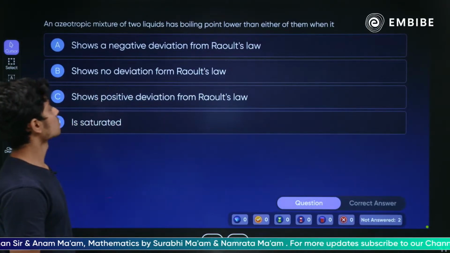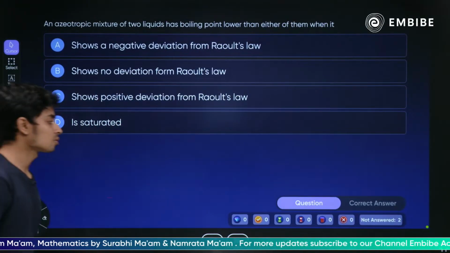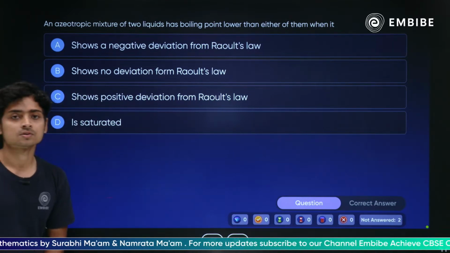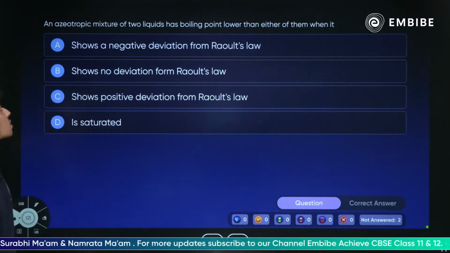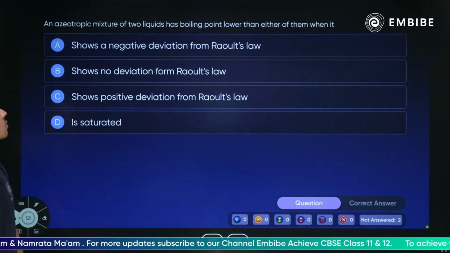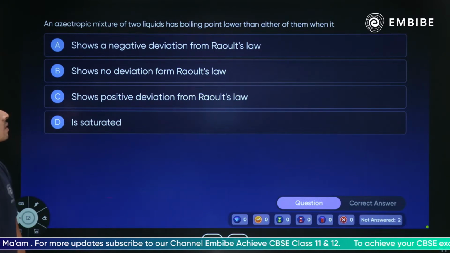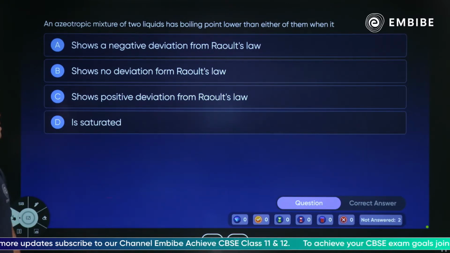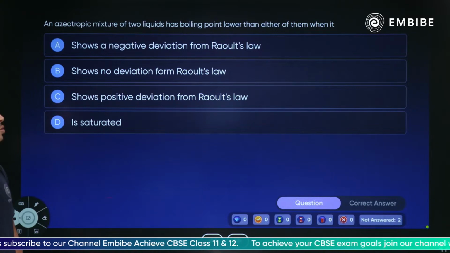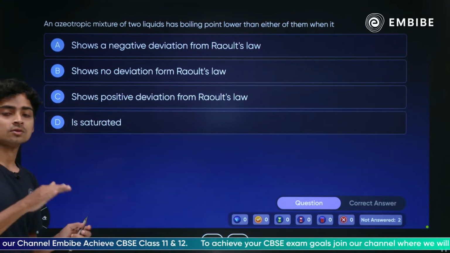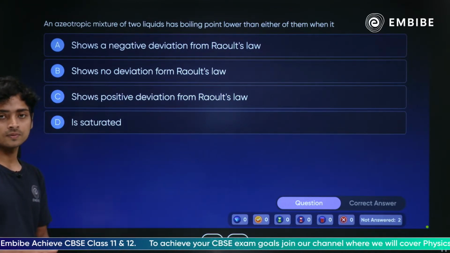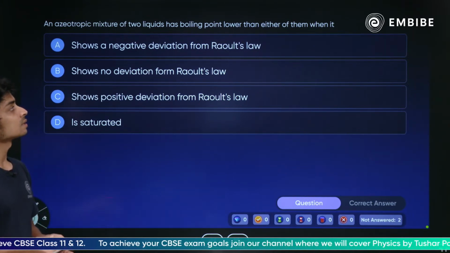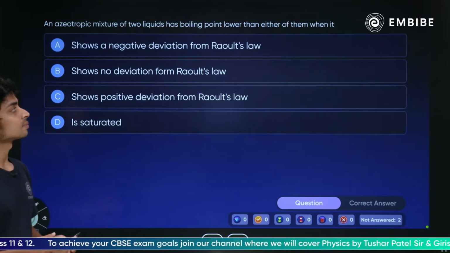So next, what we have? A question. It is more of a theory, less practice, but we'll do some questions. Try this question, guys. An azeotropic mixture of two liquids has boiling point lower than either of them when it... So you have two liquids, they form an azeotropic mixture. Their boiling point at a specific composition is lower than either of them.